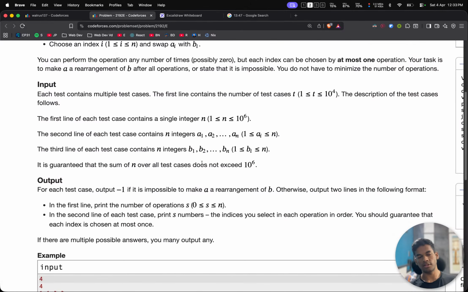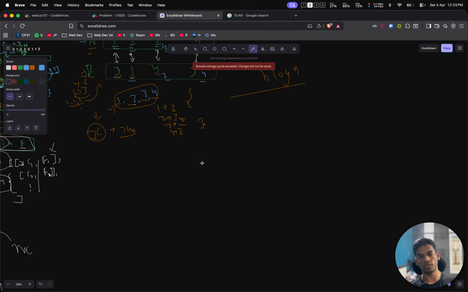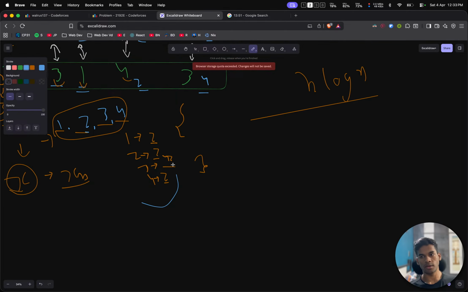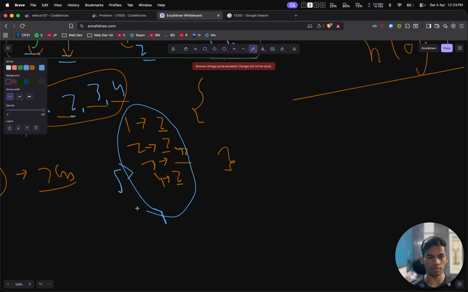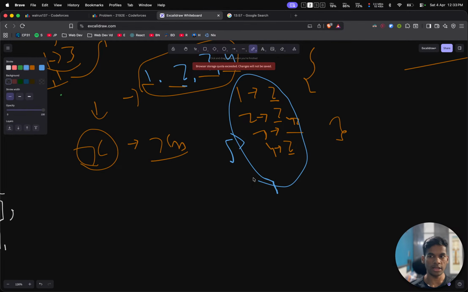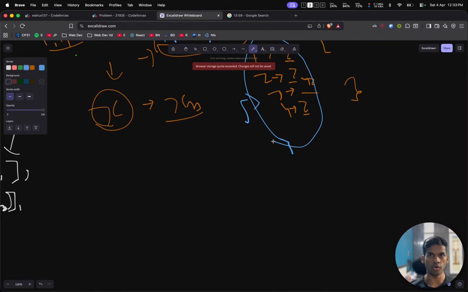The only case that this would fail, apart from if all the elements have an even number of count, would be when there is a cycle. Let's try to make a cycle.